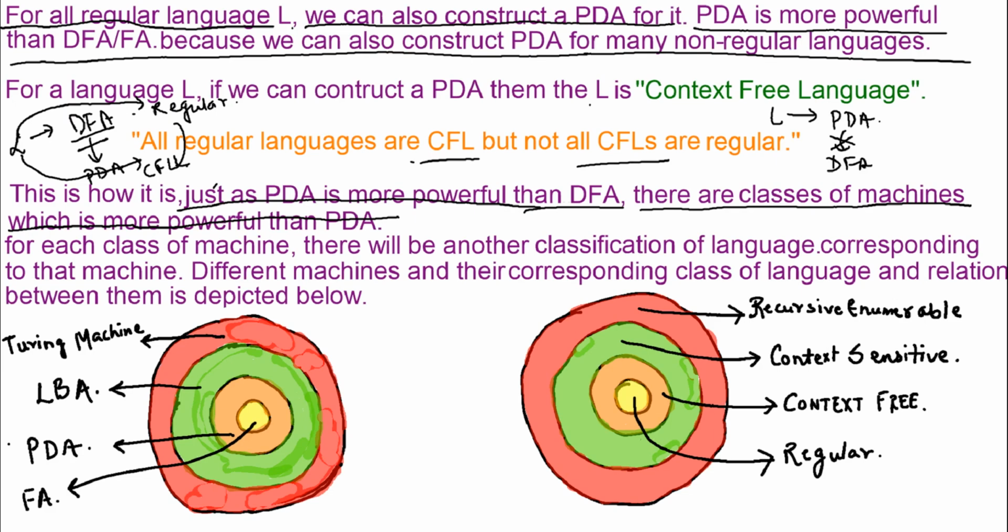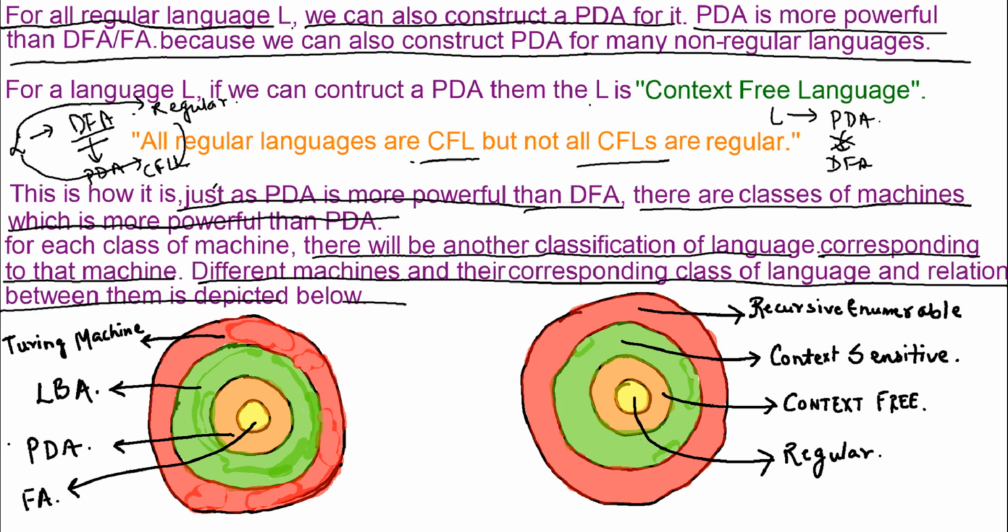Similarly, for each class of machine, there will be another classification of language corresponding to that machine. Different machines, their corresponding classes of language, and the relations between them are depicted in this not so pretty diagram.